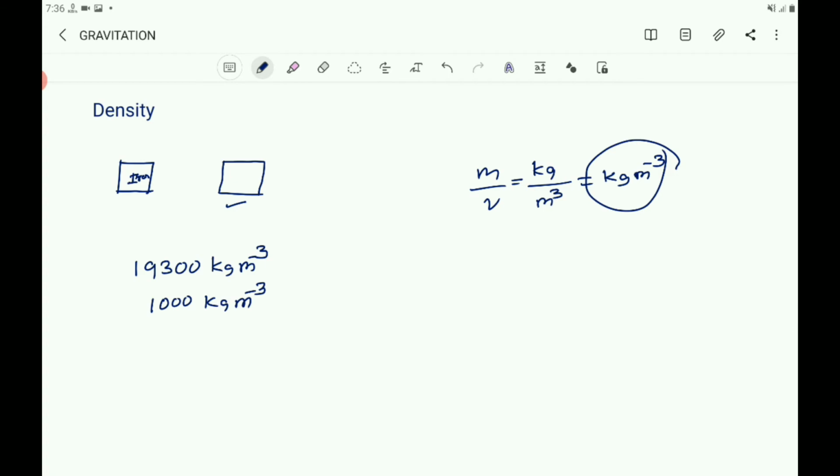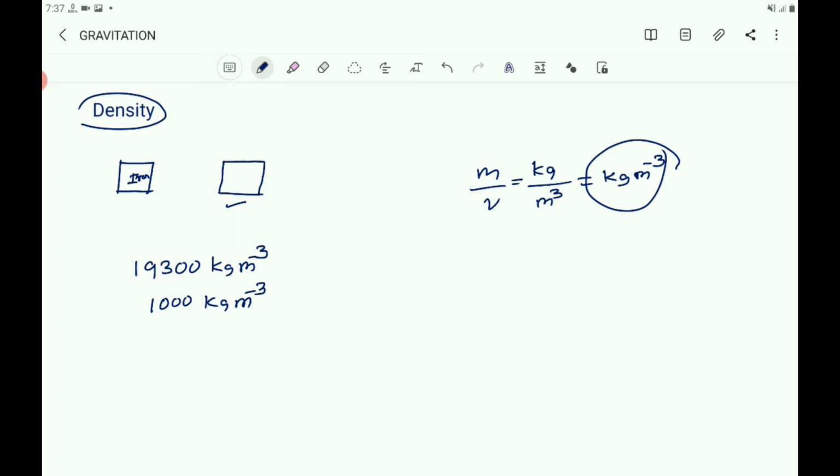The density of a given sample of a substance can help us to determine its purity. So, here the density is the mass per unit volume and its unit is kg m power minus 3. Different substances have different density. Density changes from substance to substance.